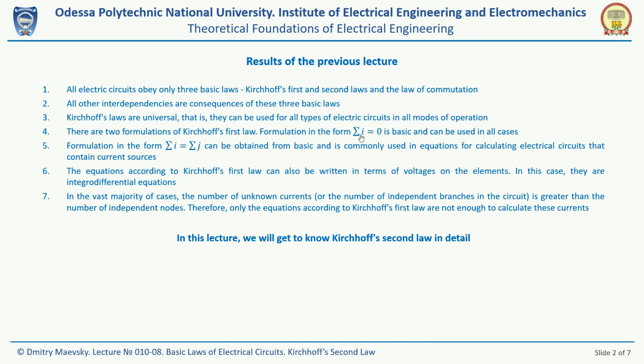The second formulation is that the algebraic sum of currents in a node is equal to the algebraic sum of the currents of current sources connected to this node. This formulation can be obtained from the basic formulation, and we will use it sometimes for calculation of electric circuits.